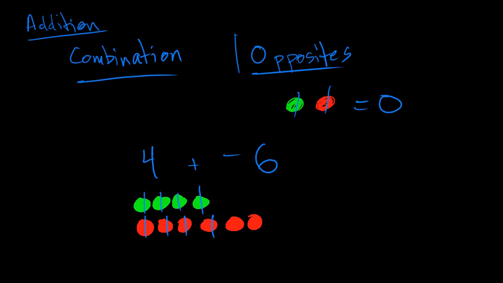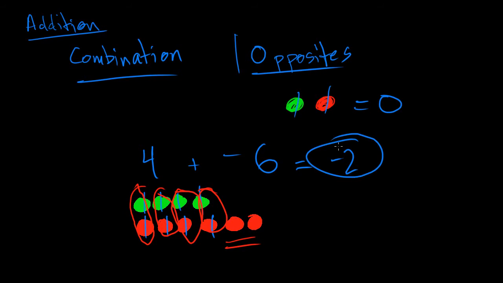And so what we're left with is a bunch of 0 pairs, we would call them. That's a 0 pair, and that's a 0 pair. All these pairs of things that add up to 0, but also 2 negatives by themselves. And so when we're done combining our 4 positives and our 6 negatives and canceling out the opposites, we end with 2 negatives. So the answer is negative 2.